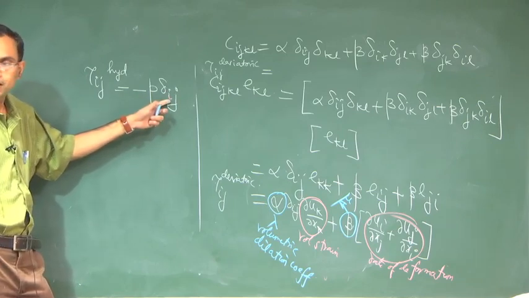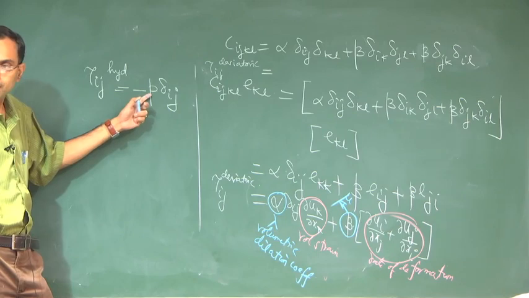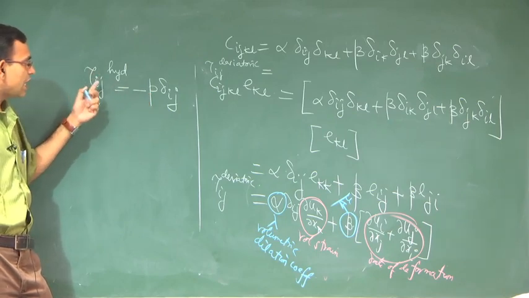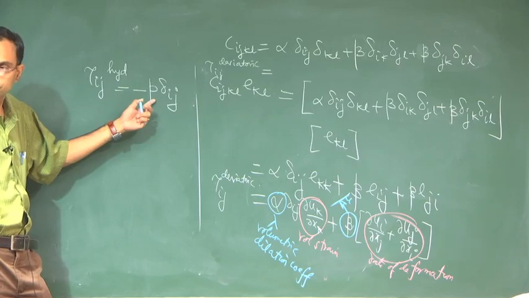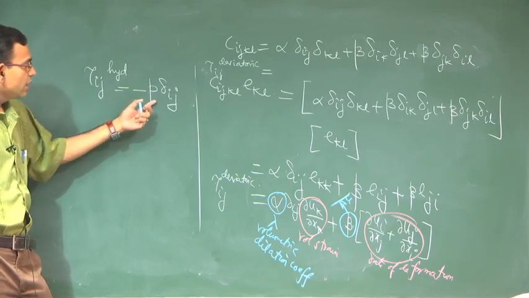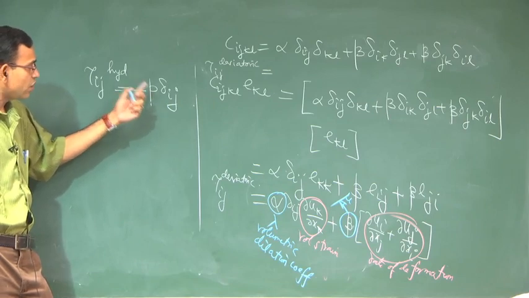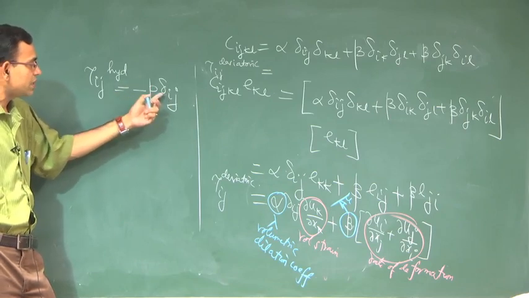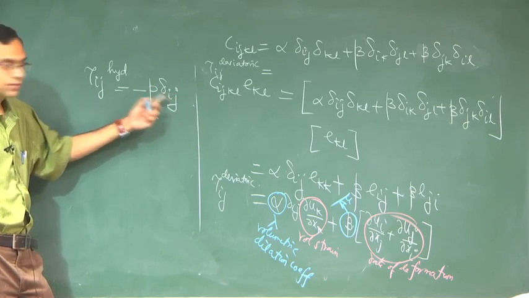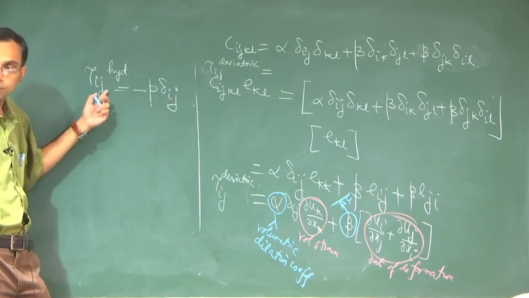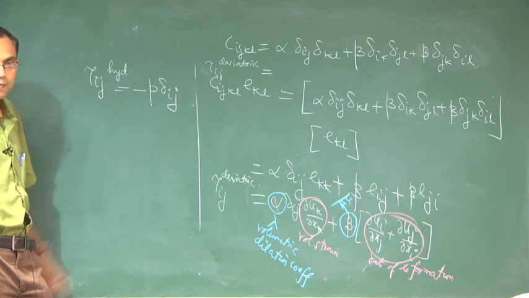Why minus P delta ij? Minus P is pretty clear: positive tensile stress is plus, but pressure by definition is compressive, so it should be negative normal stress. The other thing is that pressure is normal stress and not shear. So, pressure will be active only when j is equal to i, that is tau ii, only normal, not shear.